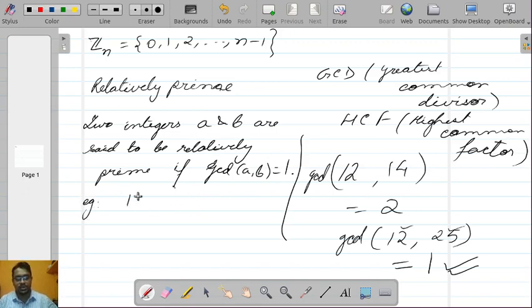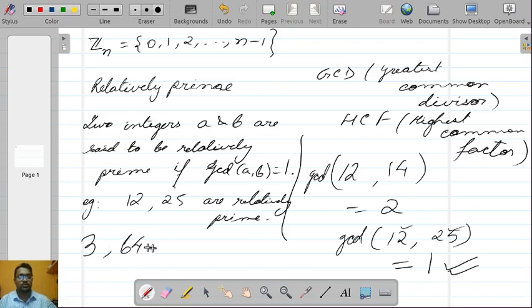For example, 12 and 25 are relatively prime. They are not prime themselves, but in comparison they do not have any common factors, so these are relatively prime. Say something like 3 and 64. These are also relatively prime.